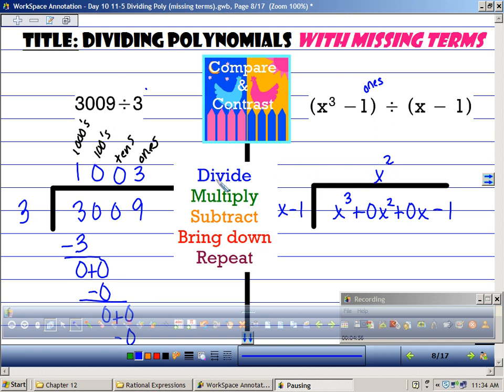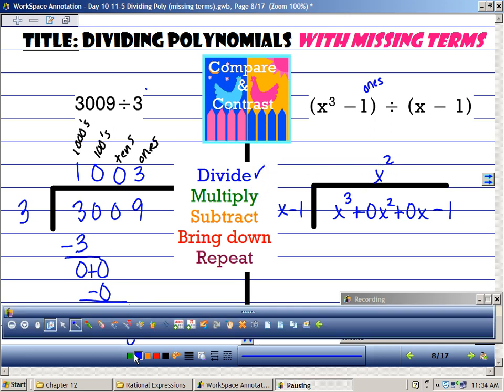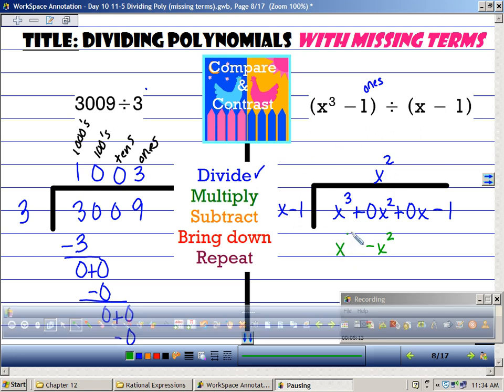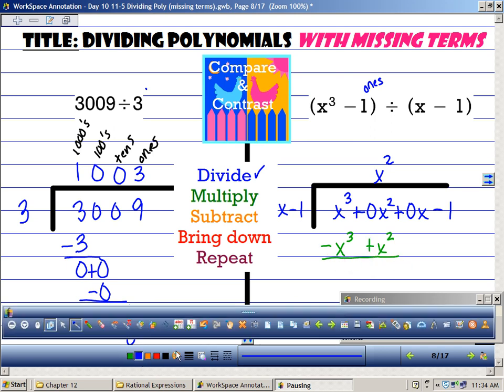x squared belongs with the x squared. Now I'm going to multiply. So that's my division. Now I'm going to multiply. x squared times negative 1 is negative x squared. x squared times x is x cubed. Draw the line. Change the sign.